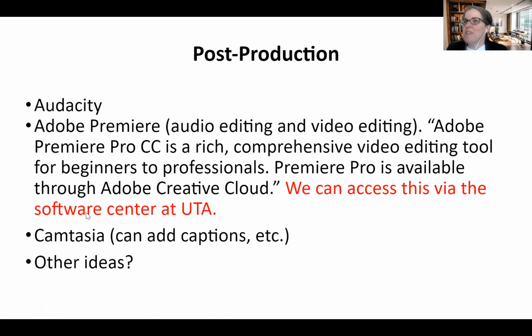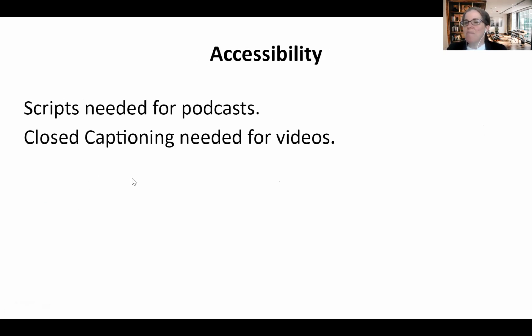And then post-production, there's so many ways you can edit. Audacity is good for audio. Adobe Premiere is more sophisticated and good for video, but it has a steep learning curve. And then Camtasia.